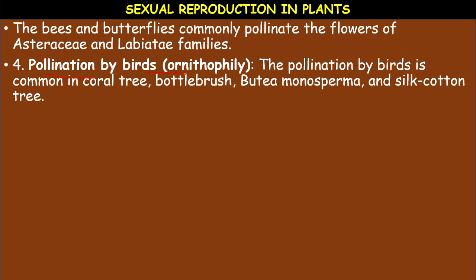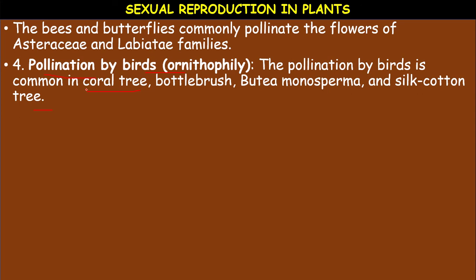The pollination by birds is called ornithophily. Pollination by birds is common in coral tree, bottle brush, Butea monosperma and silk cotton tree. So these are the examples of plants which undergo pollination by birds. They show plenty of nectar and large quantities of pollen. Ornithophilous flowers have tubular corollas, for example Nicotiana glauca, cup shaped, Callistemon is another example, or urn shaped, some members of the Ericaceae family.